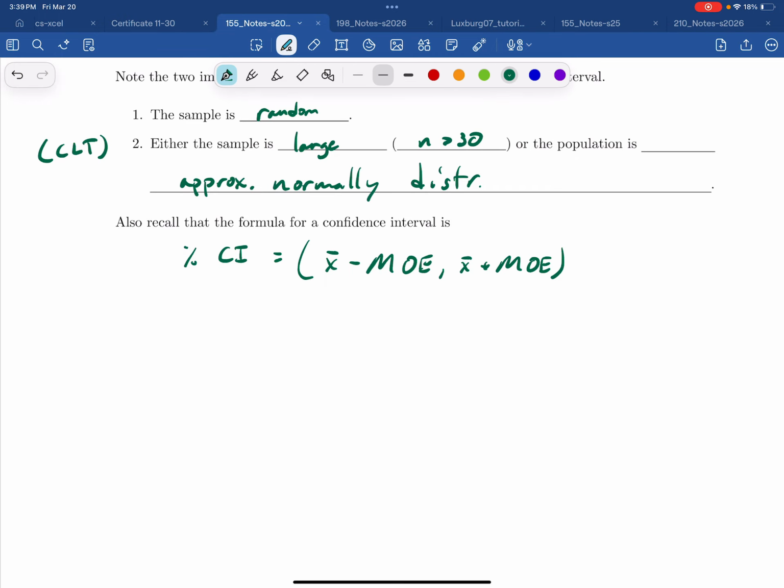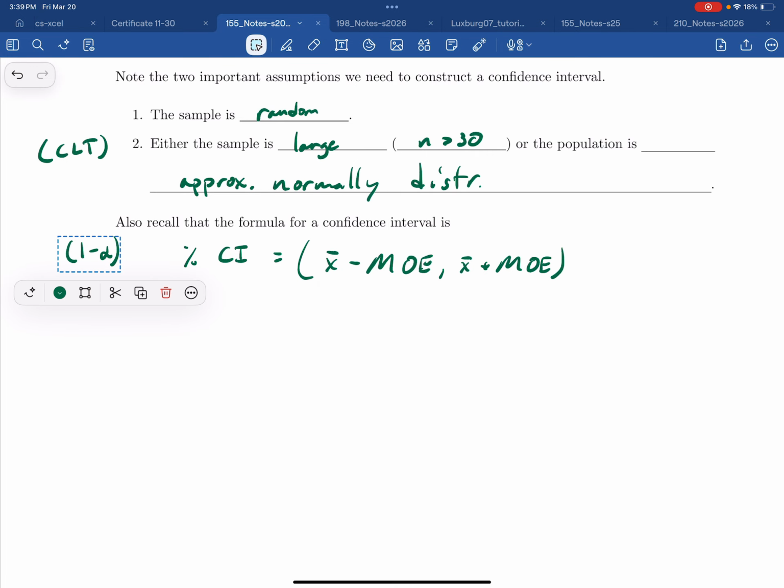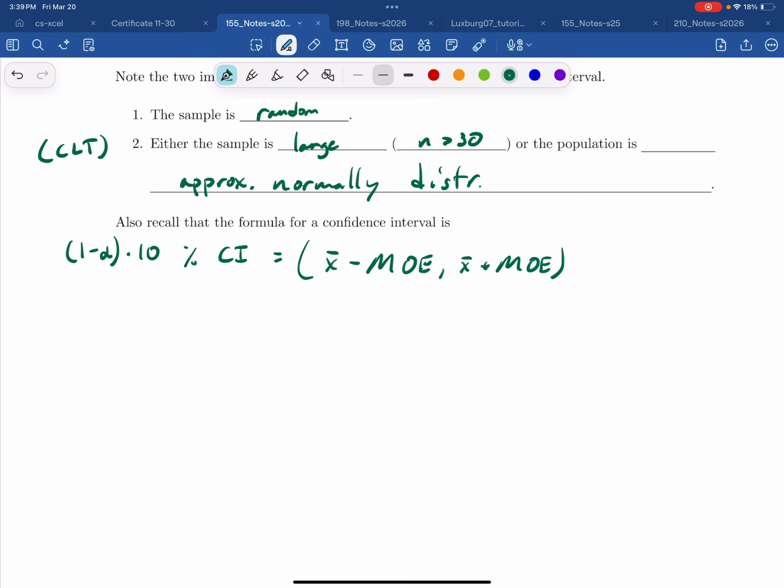Actually, what it really is, is 1 minus alpha. That's the term that they use. Technically it's 1 minus alpha times 100%. Anyway, what is this really? This is going to be x bar minus z alpha over 2 times the standard error to x bar plus z alpha over 2 times the standard error.